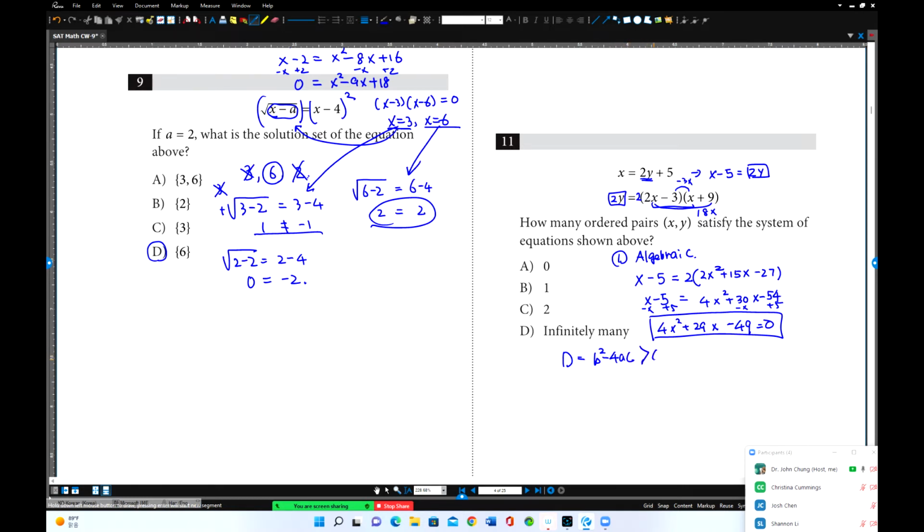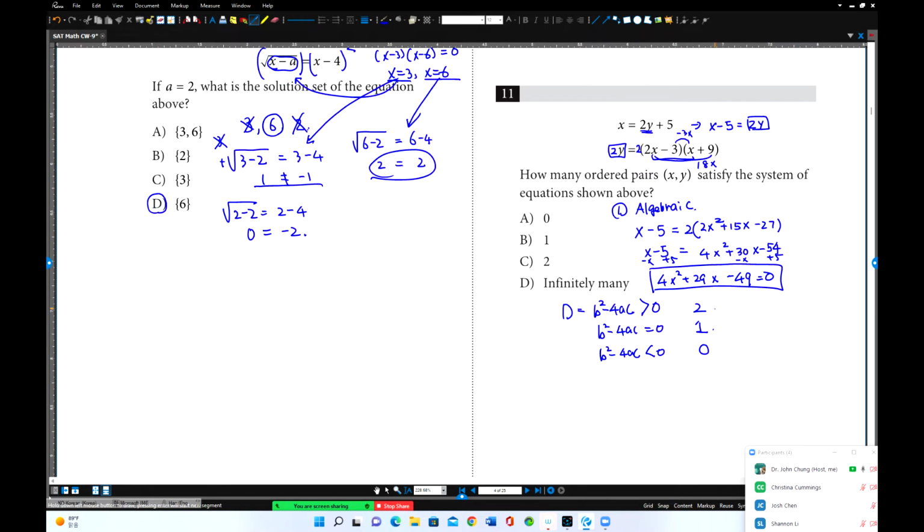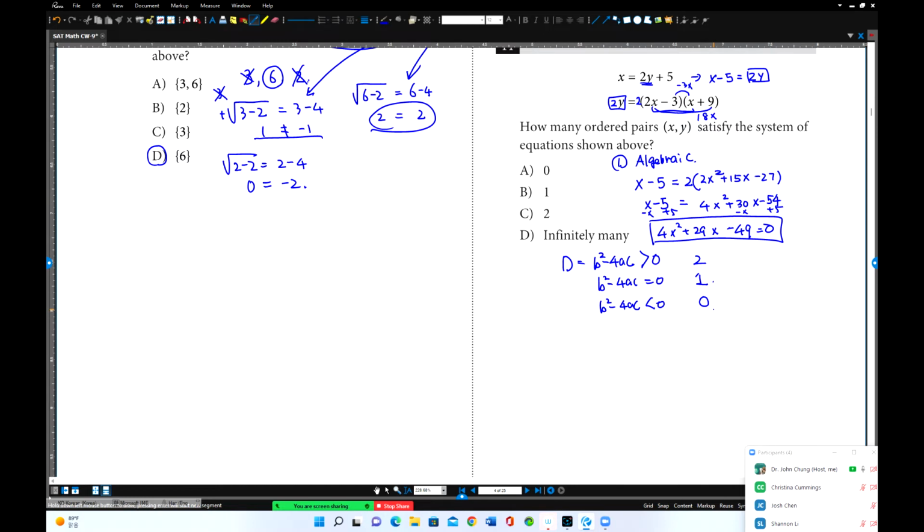If this is positive, 2 intersections. If this equals 0, that is 1 intersection. If D is less than 0, that is nothing, okay, no intersections.